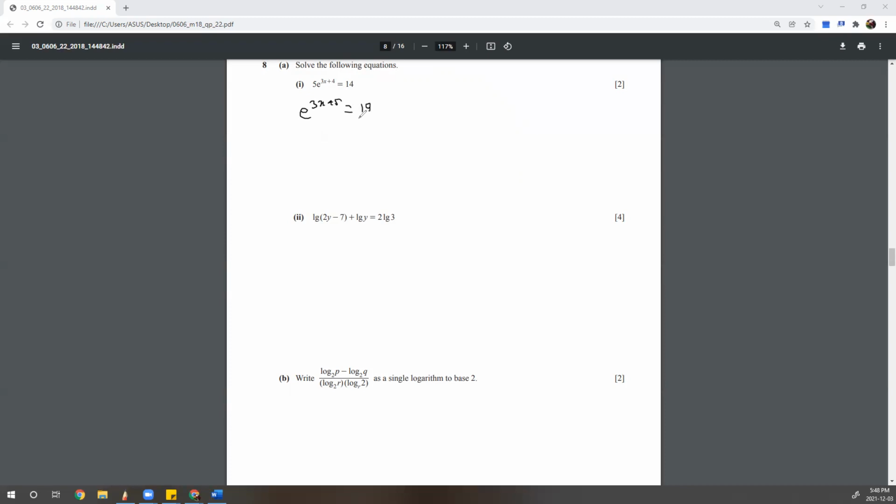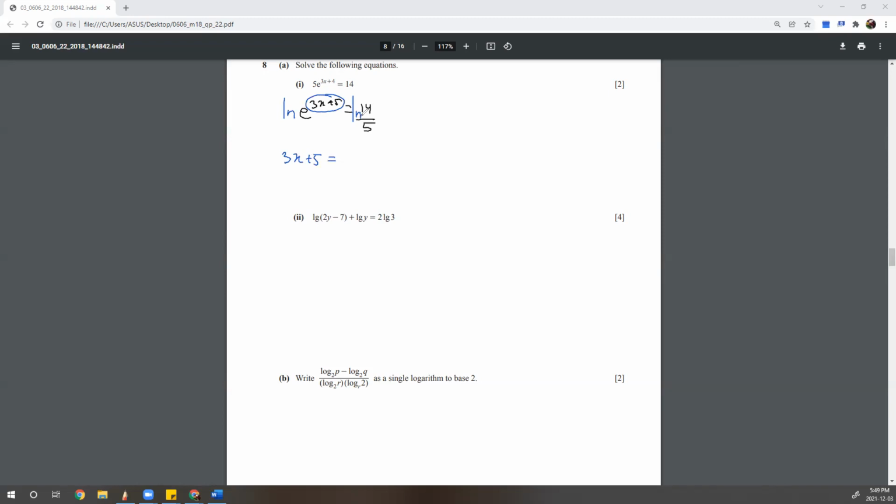So what is e? You have to put ln in this case because e is natural log. So ln and ln. So ln e power 3x plus 5, just write 3x plus 5. You don't have to think of ln e.